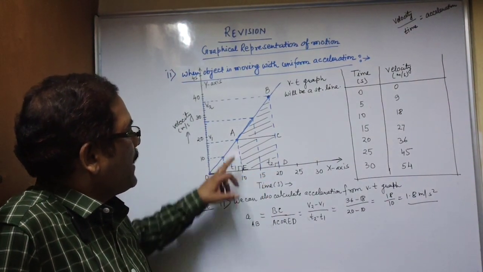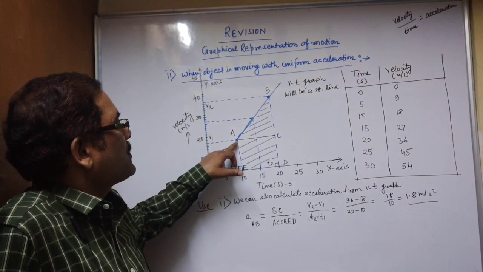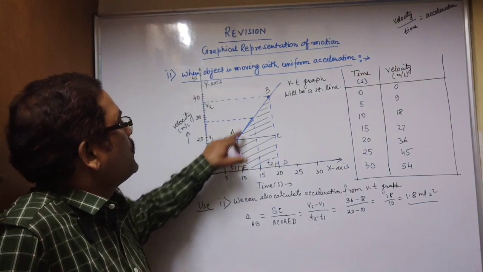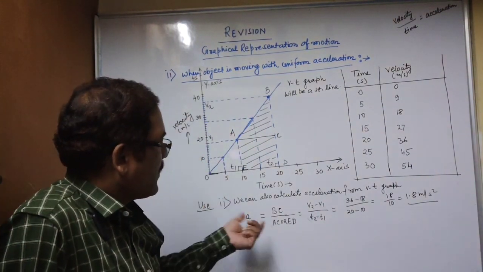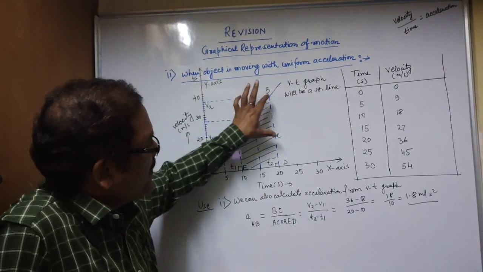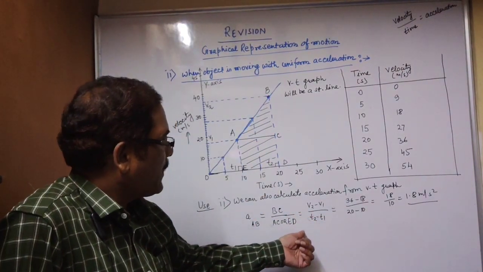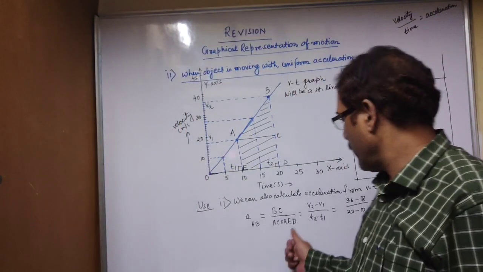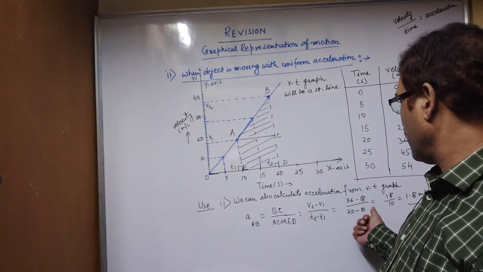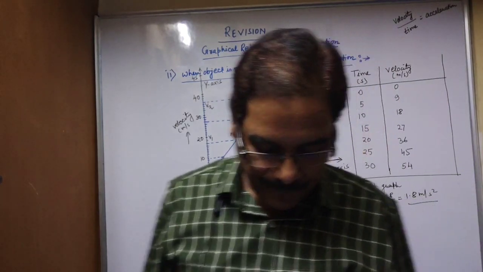At the same time, the object has increased its velocity from 18 to point B, it means 36. So change in velocity is represented by this BC. That's why we have written V2 minus V1, and the time interval is T2 minus T1. So if you find the difference and divide it, you will get the acceleration.